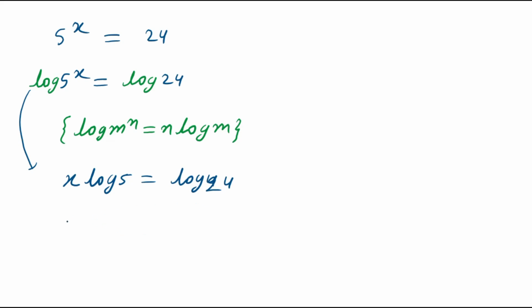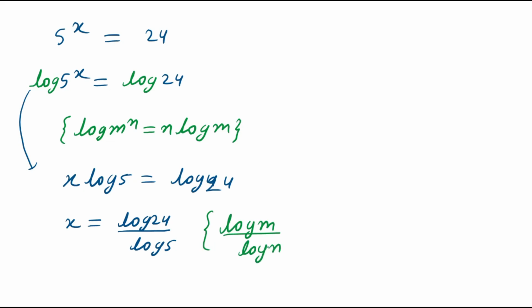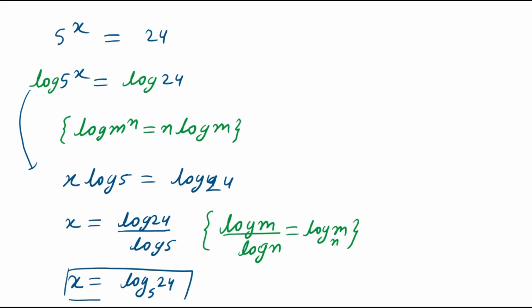Now divide both sides by log 5, then x is equals to log 24 divided by log 5. Now on the right hand side we will apply this rule: log m divided by log n is equals to log m with base n. If we apply this rule, then x is equals to log 24 with base 5. This is our first solution.